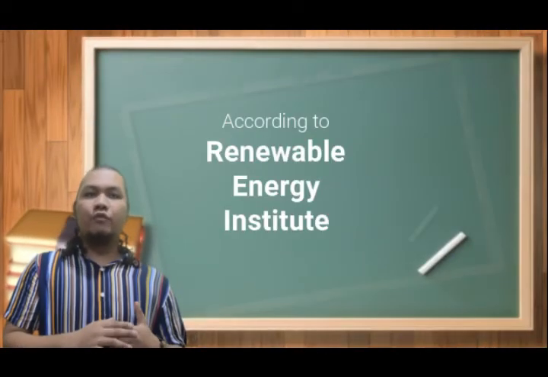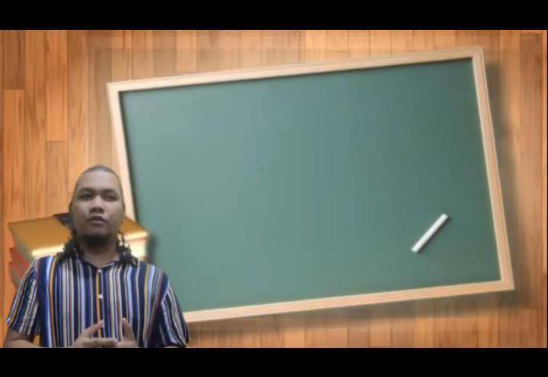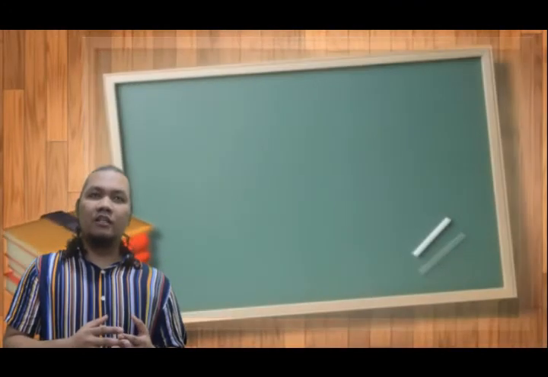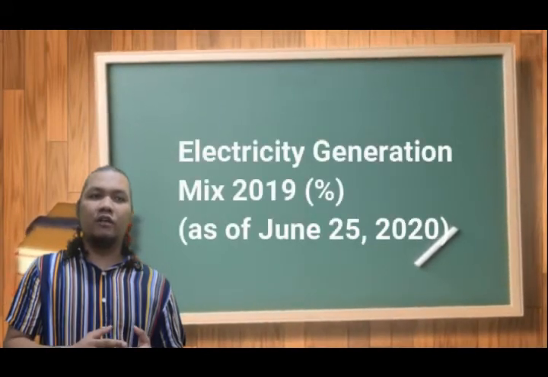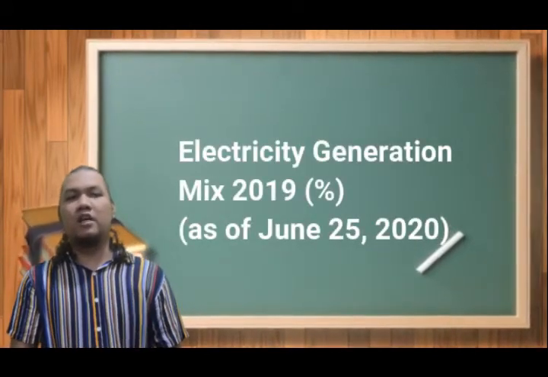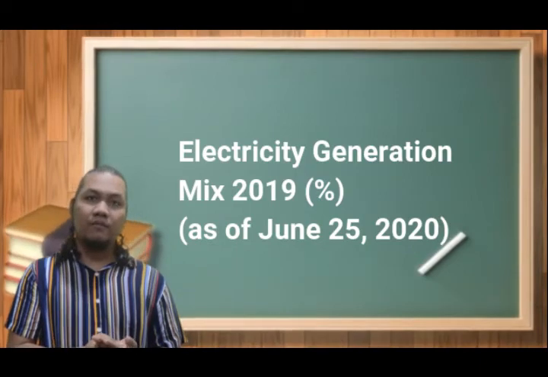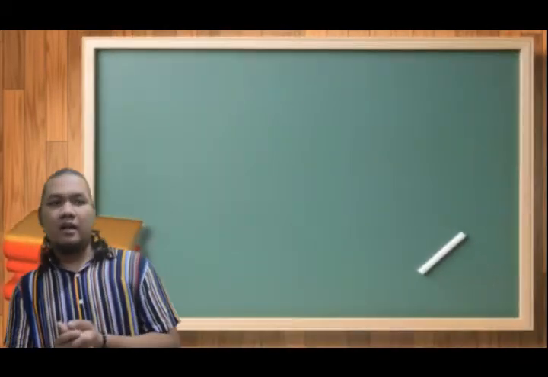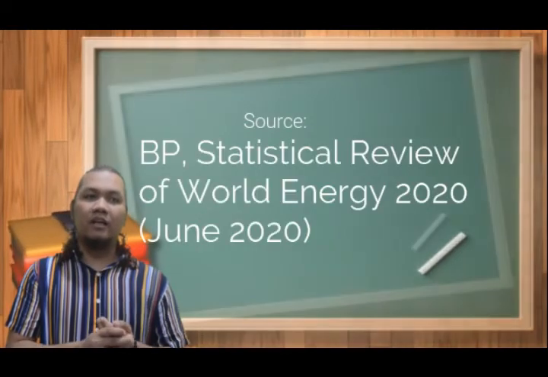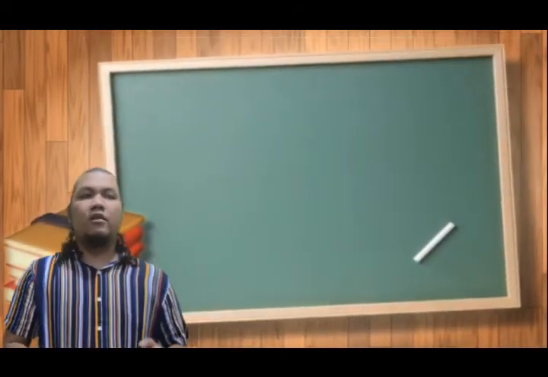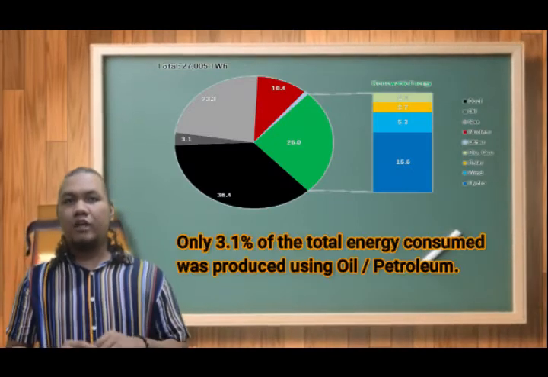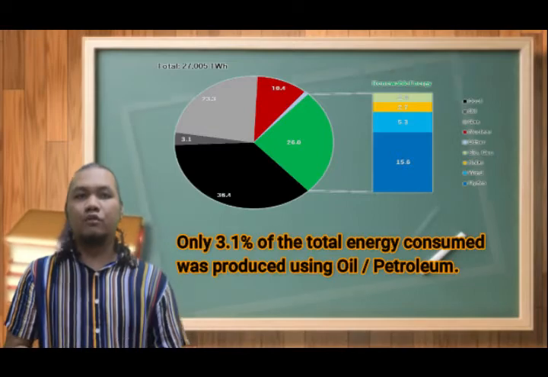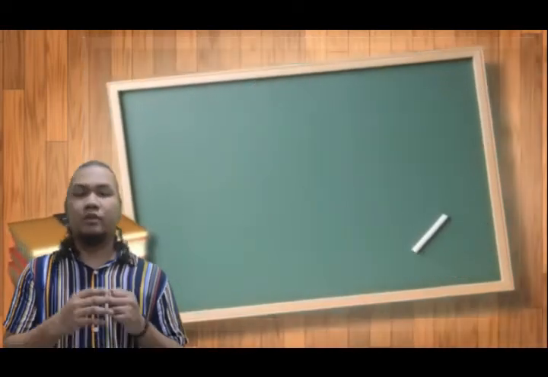According to the Renewable Energy Institute, based on the electricity generation percentage of 2019 that was gathered as of June 25, 2020, from the Statistical Review of World Energy 2020, we can see that only 3.1% of the total energy consumed was produced by oil or petroleum.